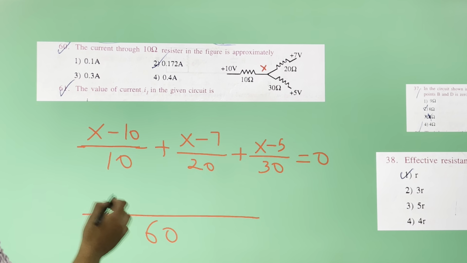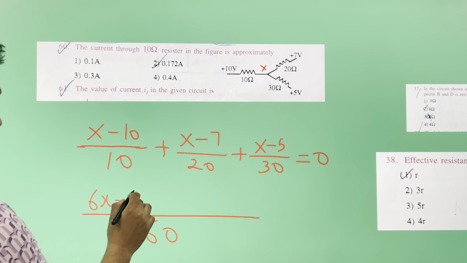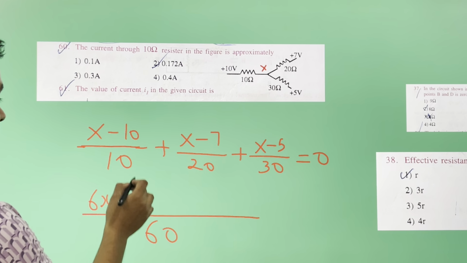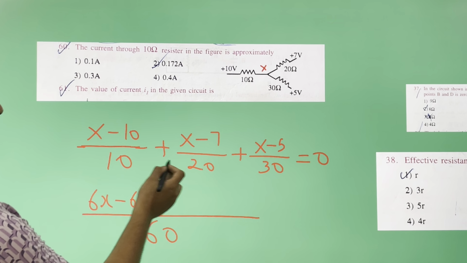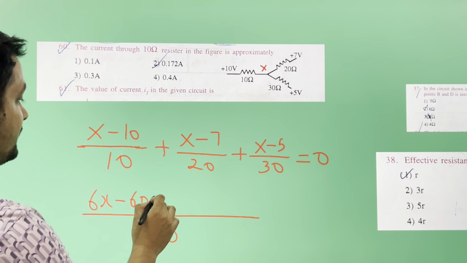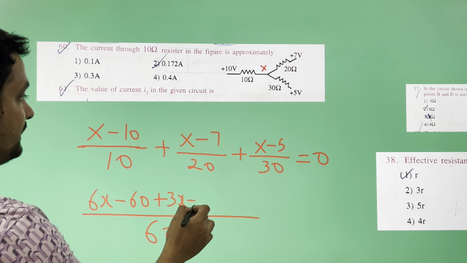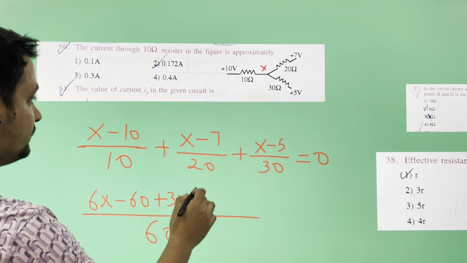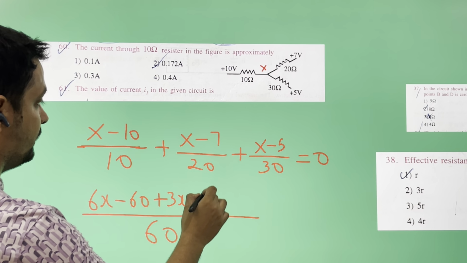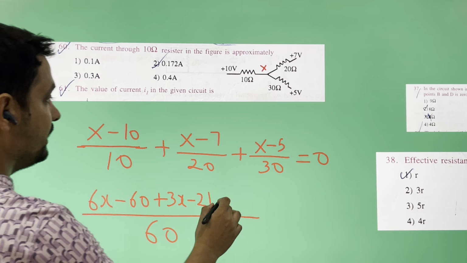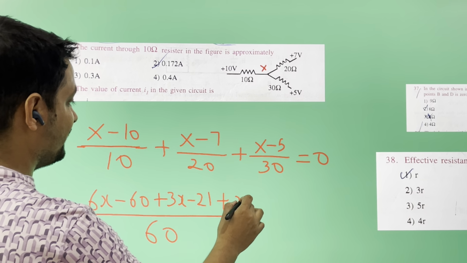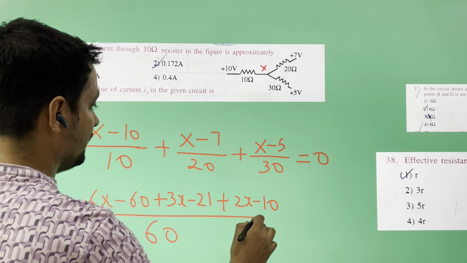Okay, so here 6x minus 60, then plus 3x minus 21, then plus 2x minus 10 equals 0.